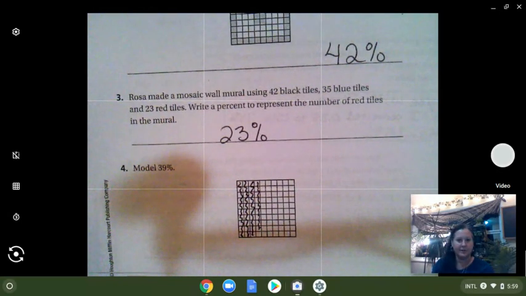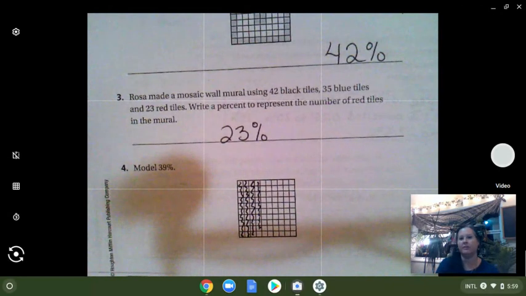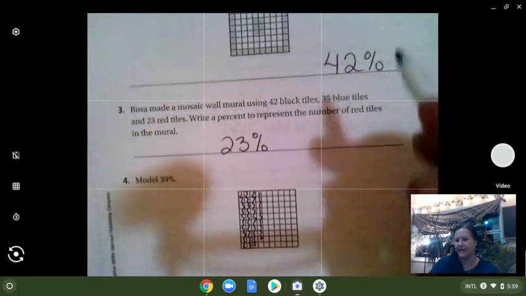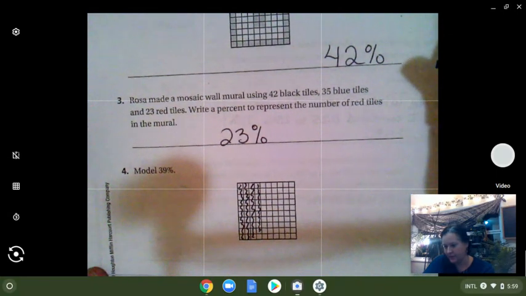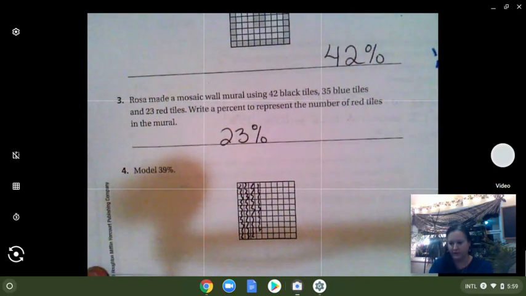So Rosa made a mosaic wall mural using 42 black tiles, 35 blue tiles, and 23 red tiles. Write a percent to represent the number of red tiles. So when I add all of these together, so we have 42, 35, and 23, I get 100.